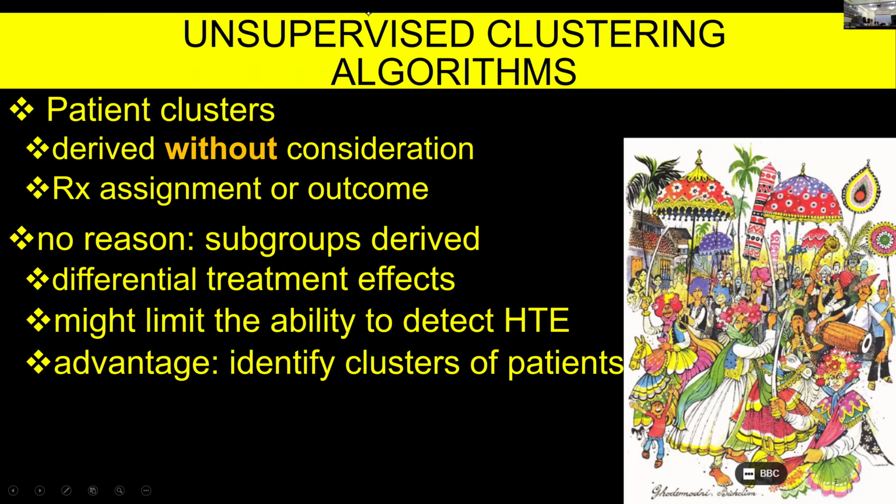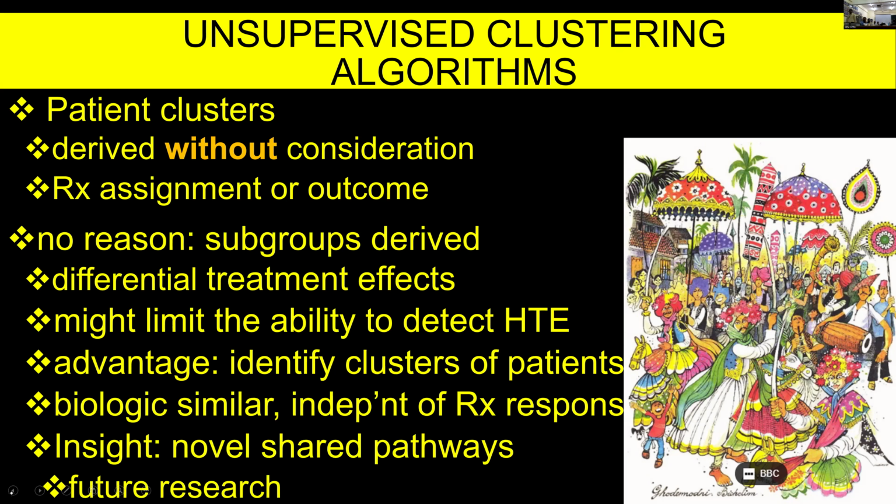The main advantage of this is you can identify clusters of patients. You can say this is one cluster of patients, this is a medium cluster, this is a low cluster, this is a very low cluster of patients. So they are biologically similar. For some reason, this group of patients is biologically similar. This group of patients is biologically similar. This group of patients is biologically similar.